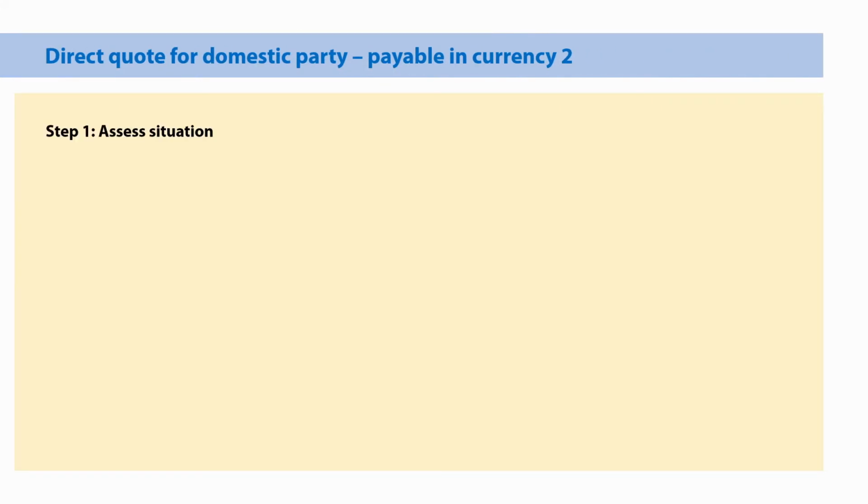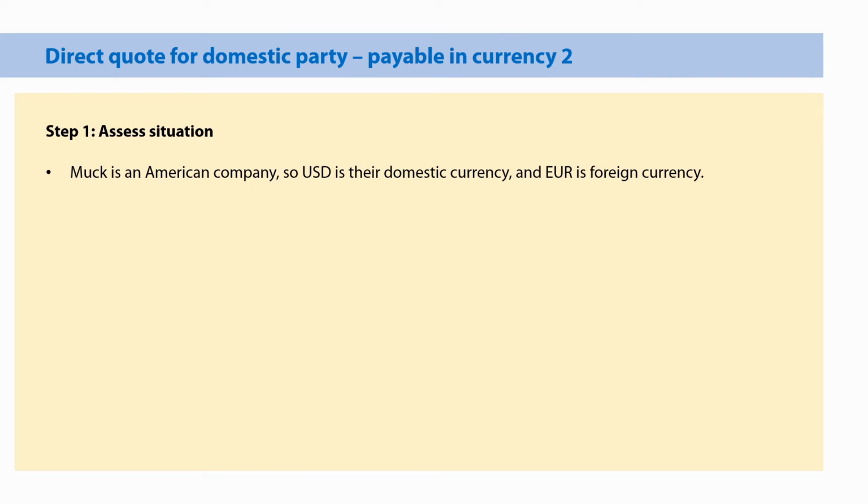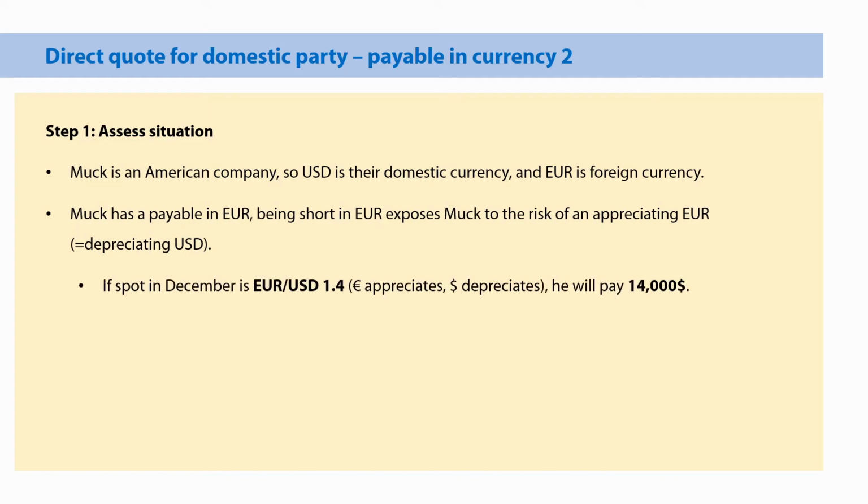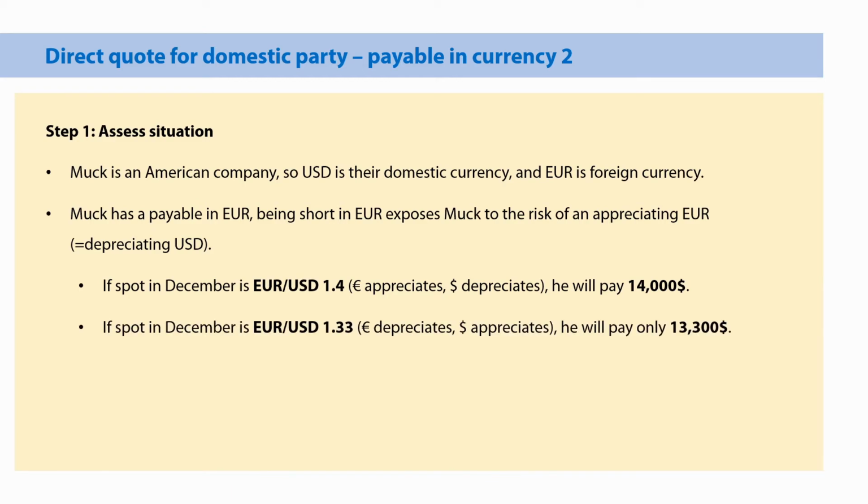So again, we look at the situation, maybe now a little bit quicker because we already know what we are doing. And Mook has a payable. Yes, it's an American company. And if the spot rate is 140, he will pay $14,000 to get the 10,000 euros. And if the spot rate is 133, he will pay only 13,300. So a lower rate would be preferable for the American company, obviously.